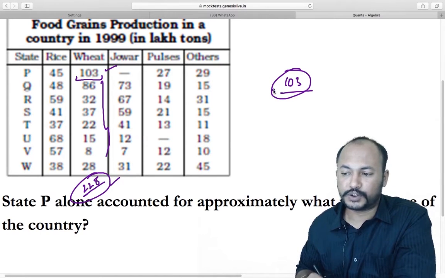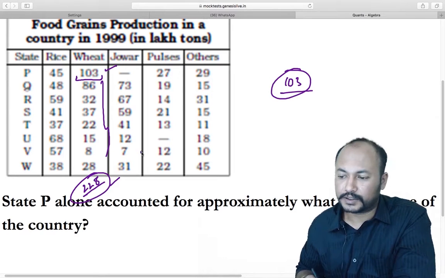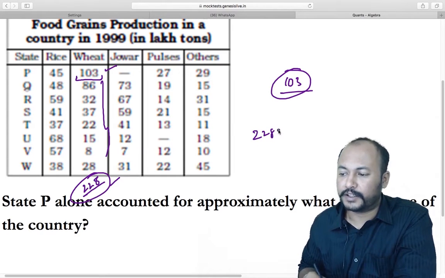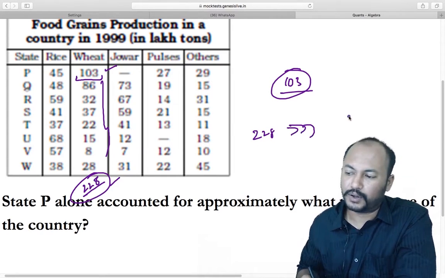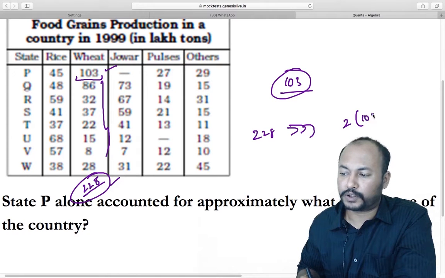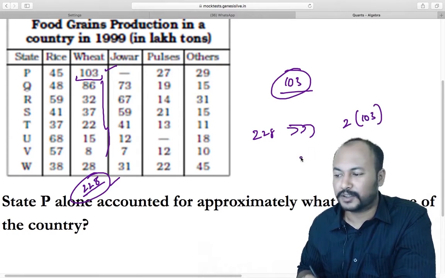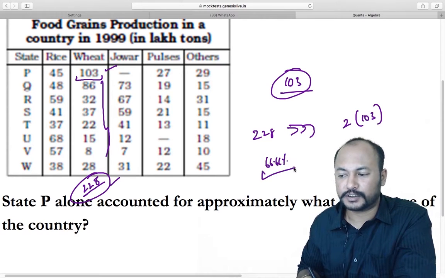The sum of this should make 100%, but what I want is to compare and see. 228 is more than 2 times 103. So what does this mean? This is more than 66.66%.